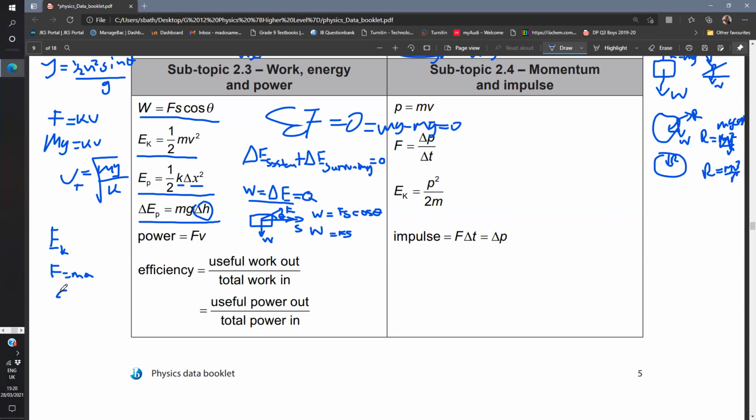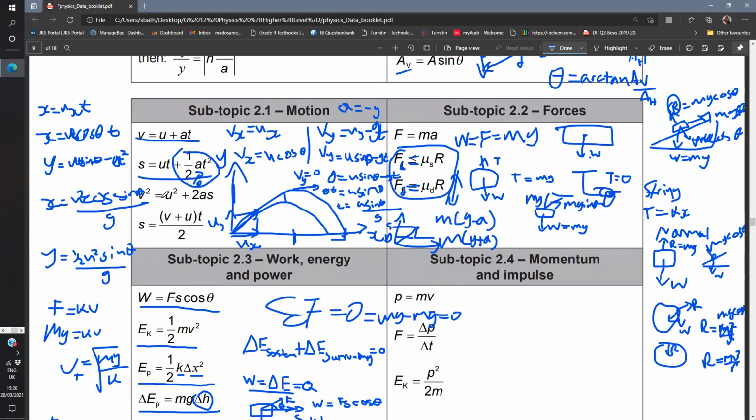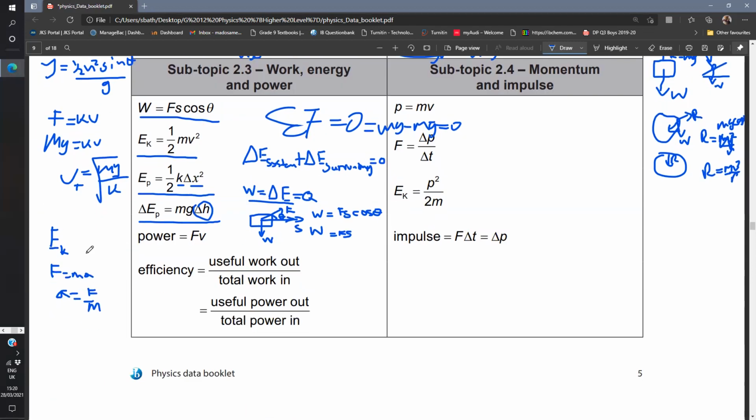And then we rearrange this to make it a is equal to F over m. And then we substitute this formula in this equation, v squared is equal to u squared plus 2as. So this is how we're going to do it. We're going to just basically substitute this here.